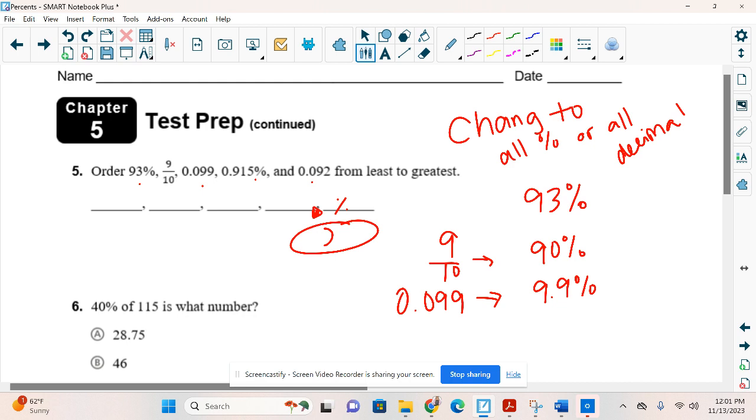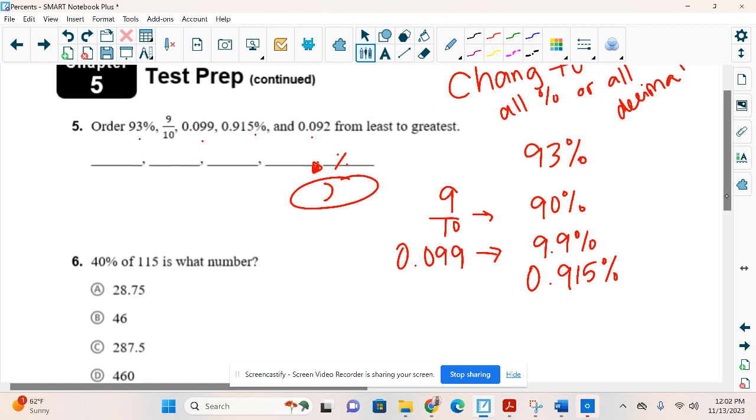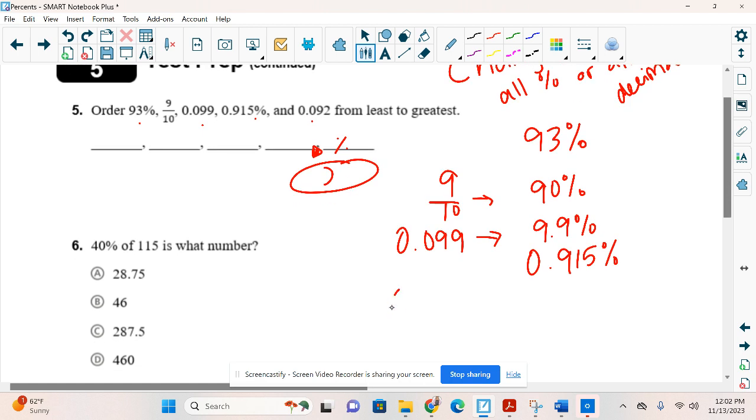Alright, and then I have 0.915%, so we don't have to change that one. And then I need to change 0.092 to a percent. 9.2%.